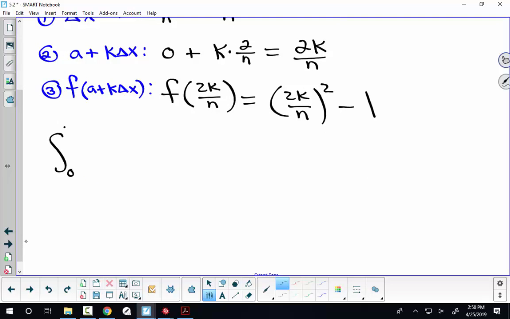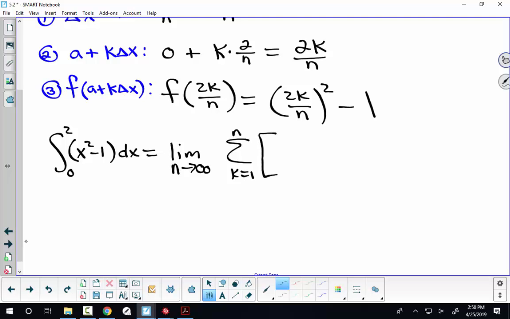So then we have the integral from 0 to 2 of x squared minus 1 dx is the limit as n goes to infinity, the sum from 1 to n of 4k squared over n squared minus 1 times our delta x.